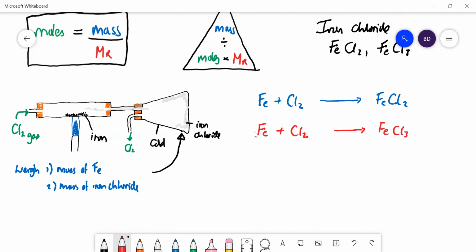The only way we can balance that is by putting a 3 in front of the Cl2 and a 2 in front of the iron, and we obviously need a 2 on the product. So we've got to find out which equation is the correct one. Is it equation 1 or equation 2? Which iron chloride are we actually making?